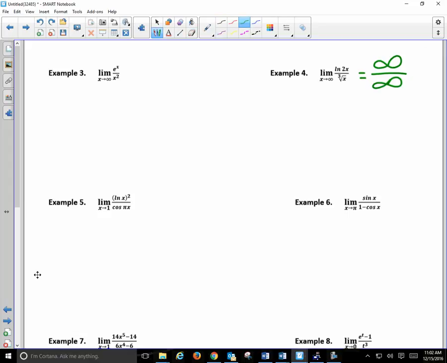Okay? So the limit as x goes to infinity of, we have to take the derivative of the top. Chain rule. So I got the natural log of u, and I got 2x, derivative 2x, derivative natural log of u, 1 over u.